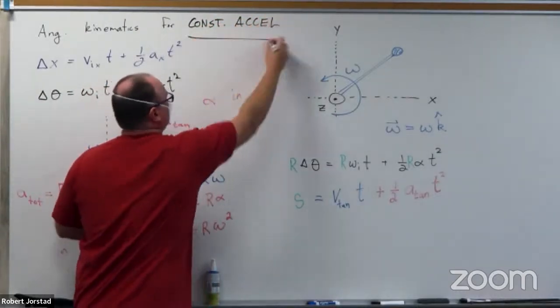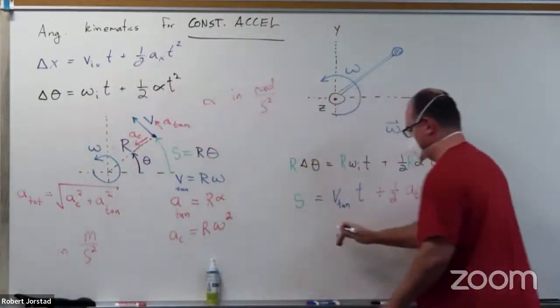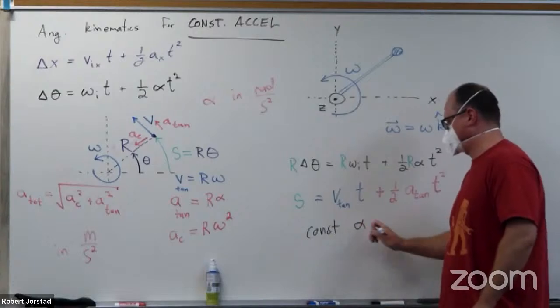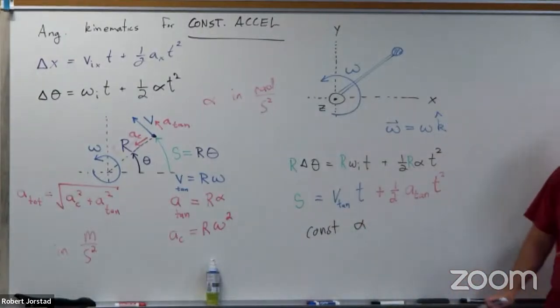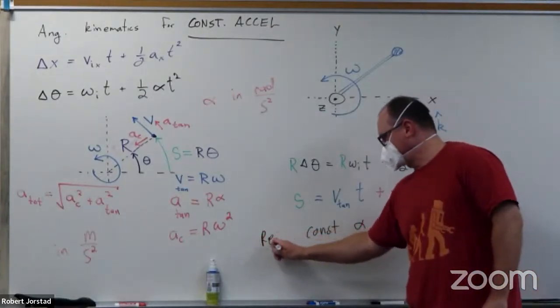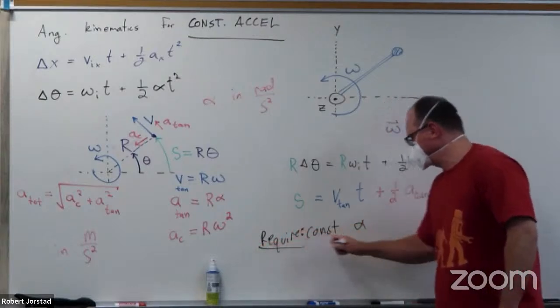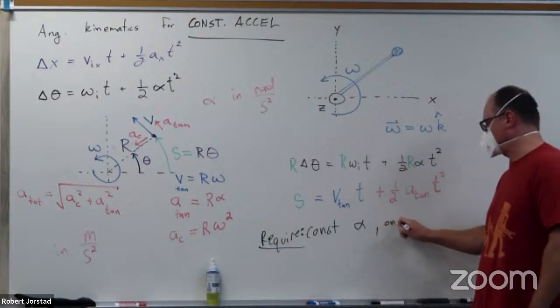That's why I left that up there. So down here, we're going to need constant alpha. This is going to require constant angular acceleration.